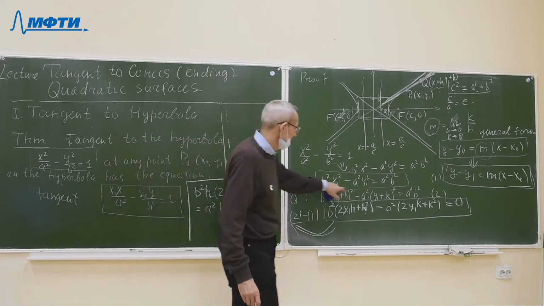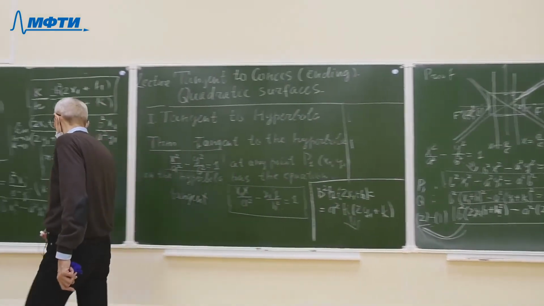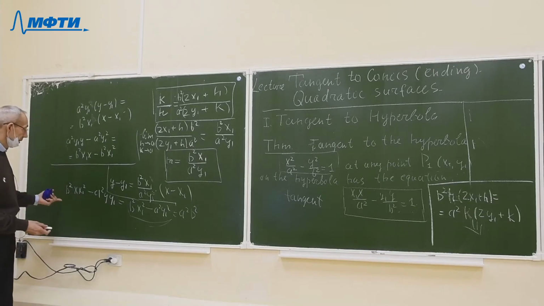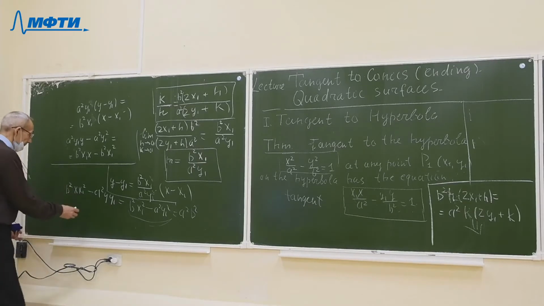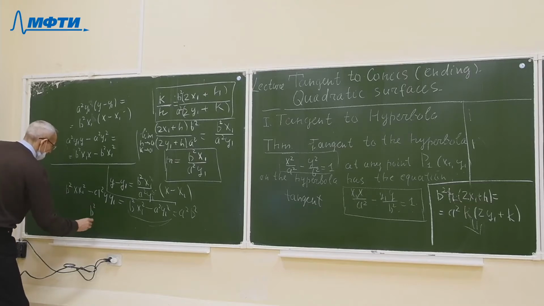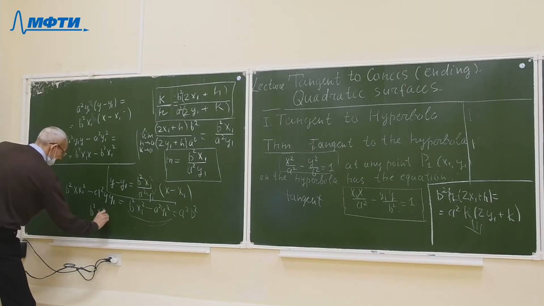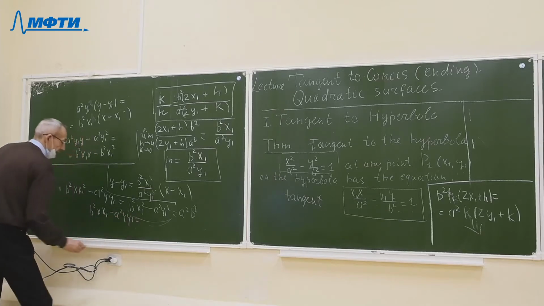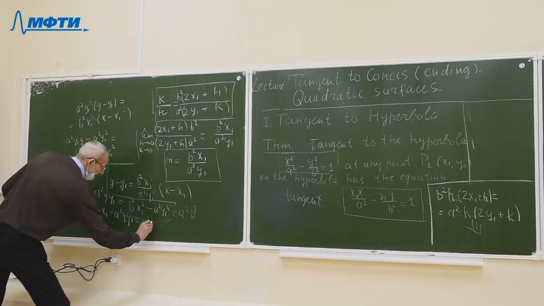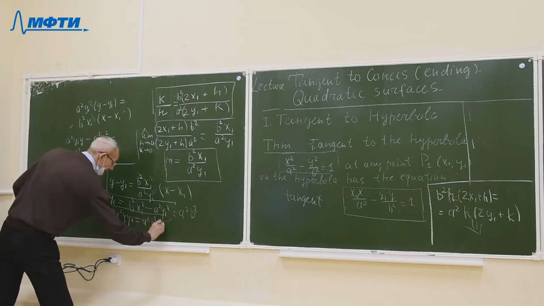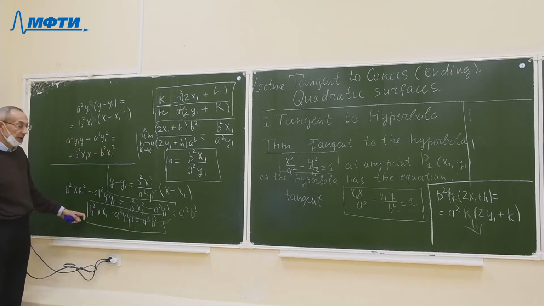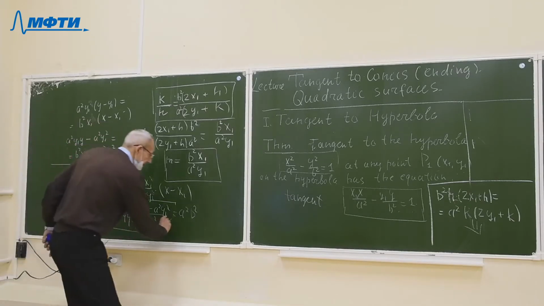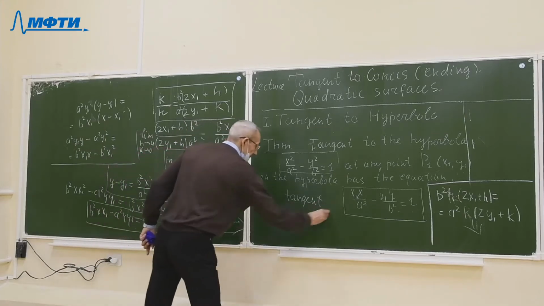And the left side is exactly this one, and we obtain the following equation: b square x1 x minus a square y1 y is equal to a square b square. If we divide the left and right sides by a square b square, we obtain exactly this equation.